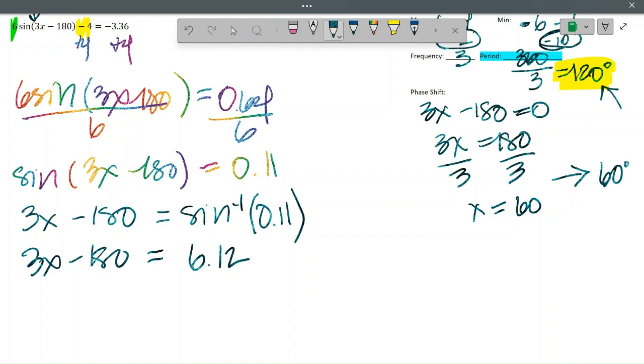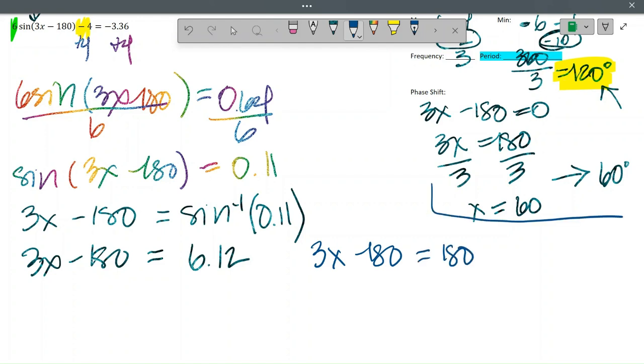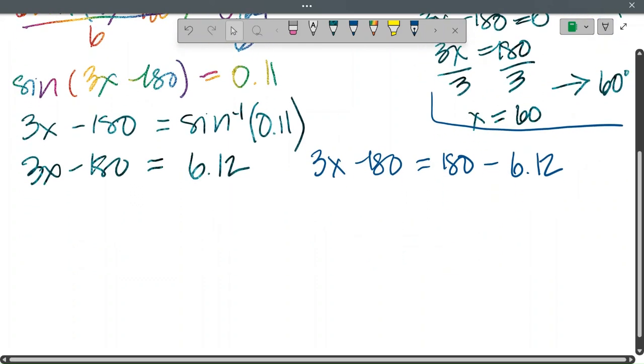Okay, at this point, I'm going to use my property that says that within 180 degrees, I will have a second sine value. And what I do by that is I essentially write the left side of the equation and it's equal to 180 less 6.12. So that's going to be my second equation that gets us the second set of symmetrical values. I'm going to work the left side of my problem first.